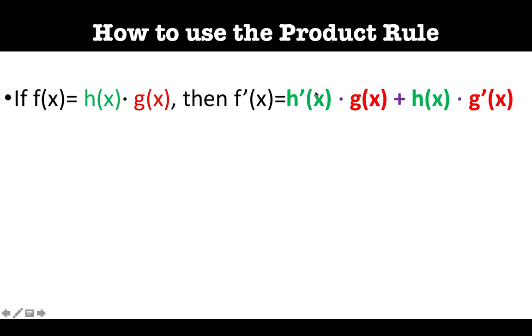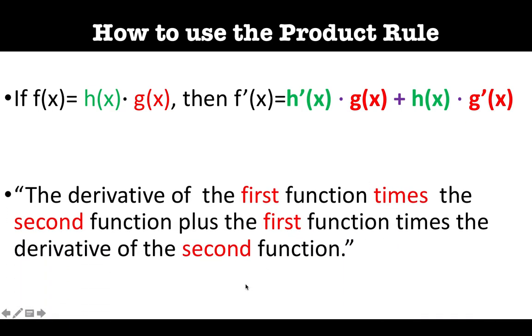Take the derivative of the first, keep the second the same, plus leave the first alone and then take the derivative of the second. It kind of sticks once you get enough practice. So if you have two functions that you're multiplying, the derivative is the derivative of the first function times the second function, plus the first function times the derivative of the second. We're going to see an example of this in a sec.